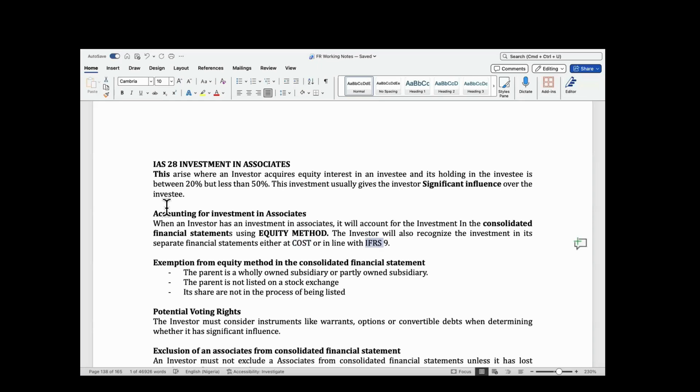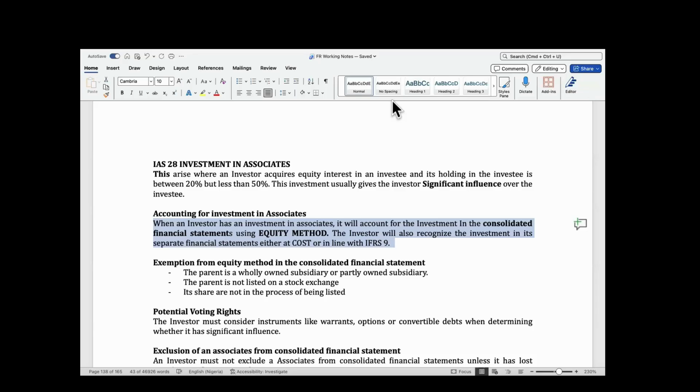So this is the first thing I need you to understand and appreciate, right? Because for investment in associate, it's different from subsidiary where you consolidate, right? All I've been teaching you all along is accounting for investment in subsidiary where you consolidate. This one, you are not consolidating.